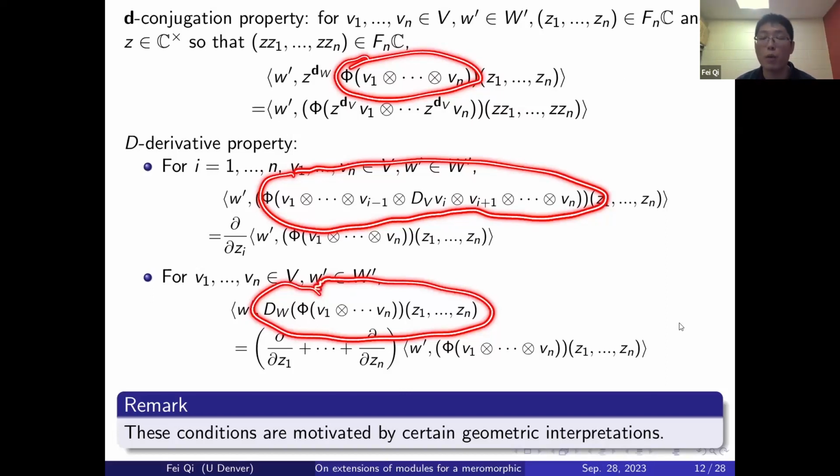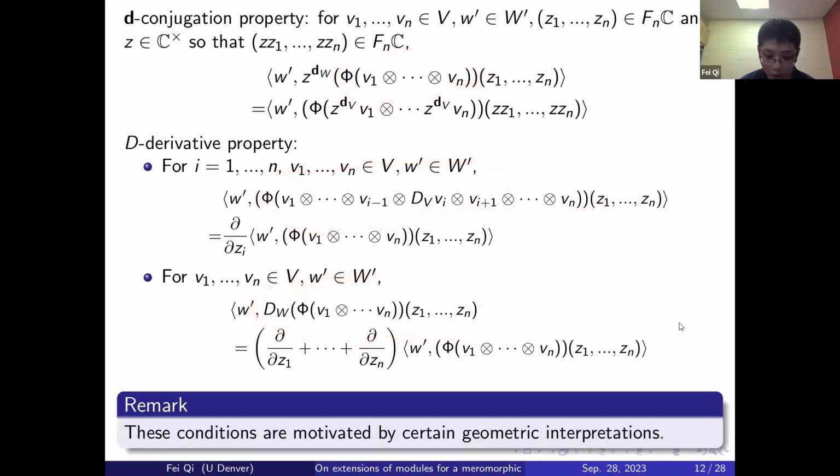These conditions are motivated not just by operator compatibility, but mostly by geometric considerations. We know that vertex operators can be understood as some structure over punctured spheres.